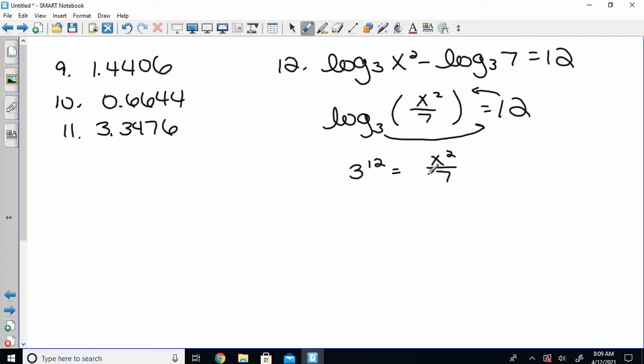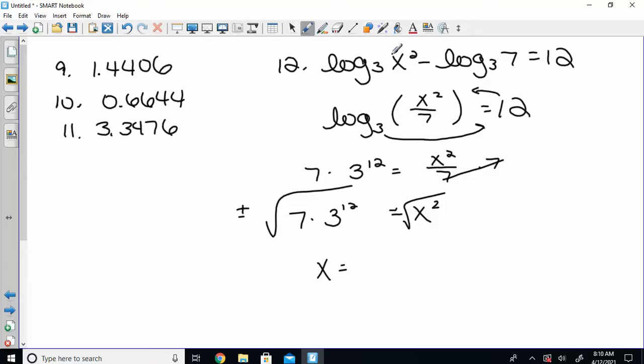Then we would just have to multiply over our 7, and this is going to be a massive number. So I have 7 times 3 to the 12. Then how do you get rid of a square? Square root. With that we do plus and minus, but when we plug these back in, the properties of logs have to hold. Can I have a negative right here?